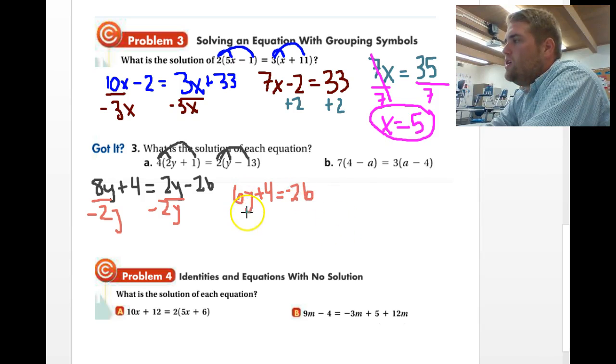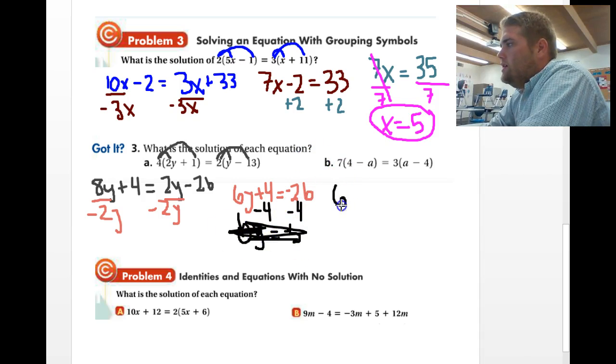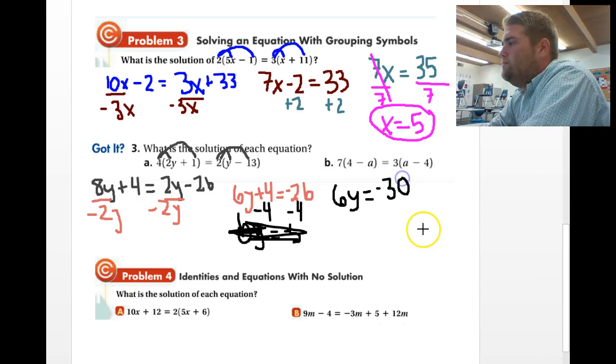And once again, I want to get y by itself, so I subtract 4, and I get 6y equals negative 30.